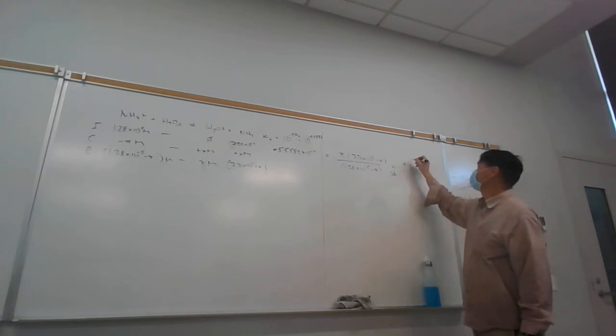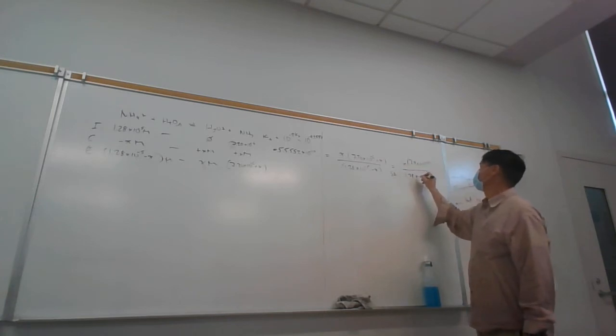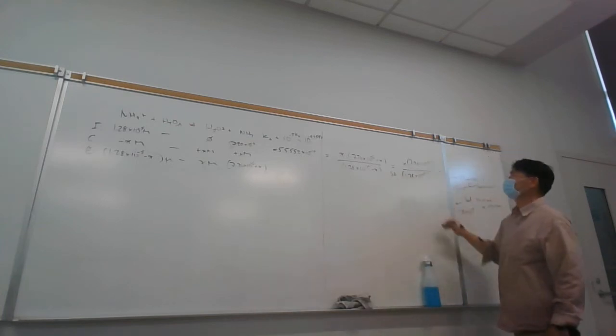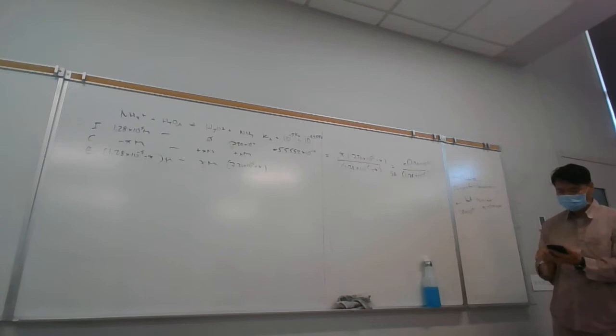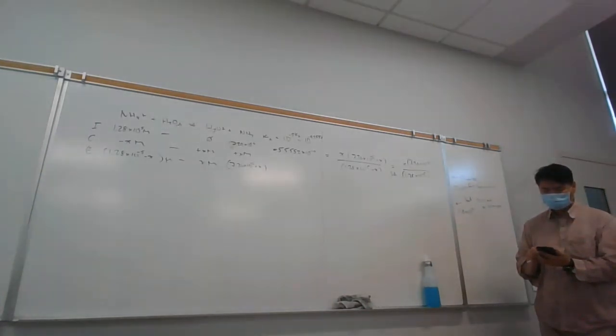We're going to go x times 7.20 times 10 to the minus 6, equals 1.28 times 10 to the minus 5. And so let's solve for x. That would be, clear it out of my calculator, I think.